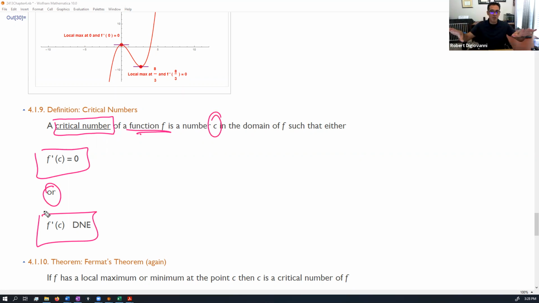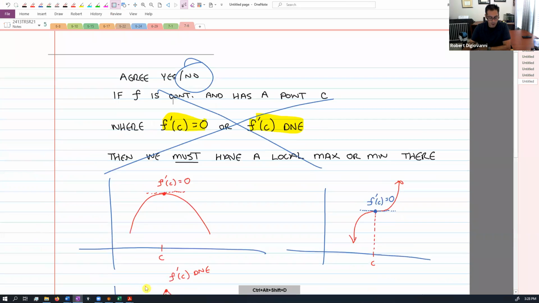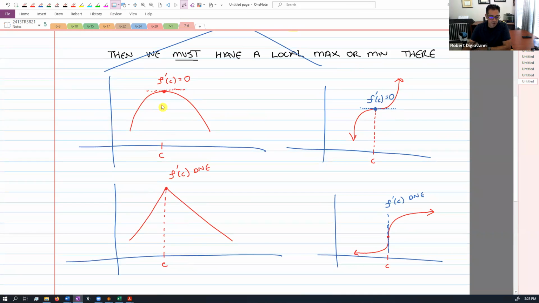So if you're looking at a function, all the places where the derivative is 0 and all the places where the derivative doesn't exist are called critical numbers of the function. So if we look at that picture I just drew a second ago, this value C is a critical number because the derivative there is 0.